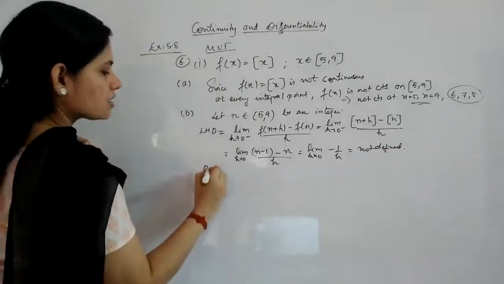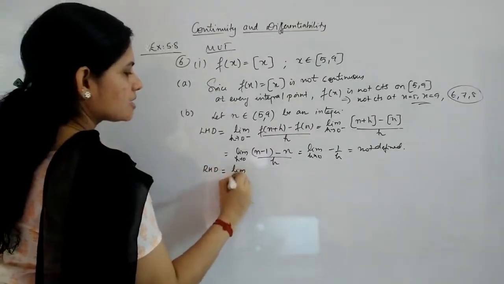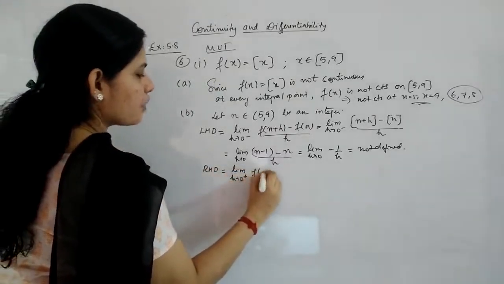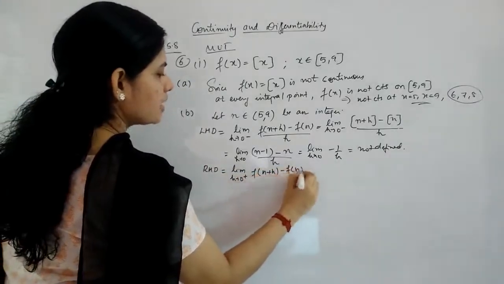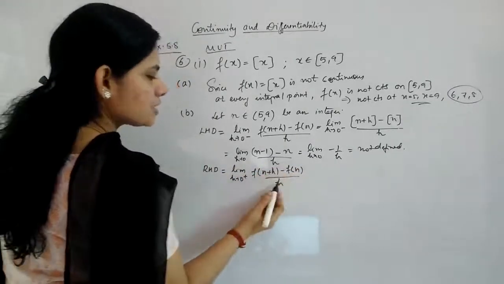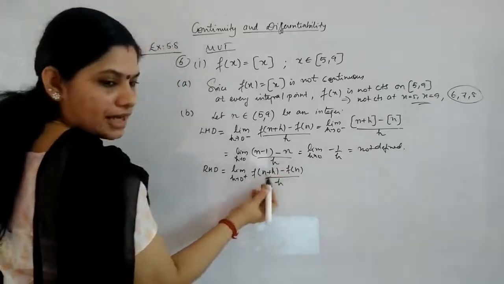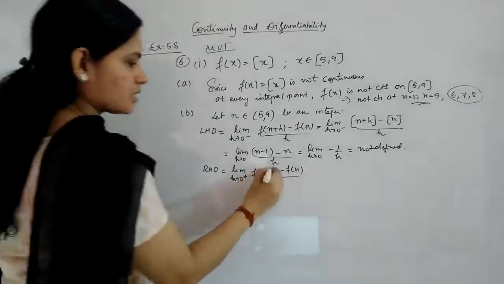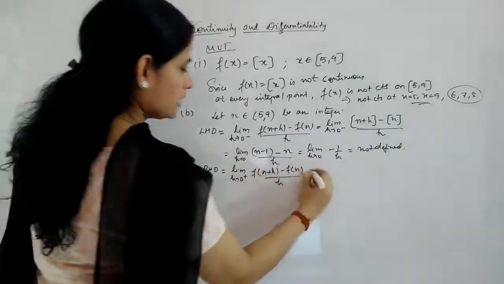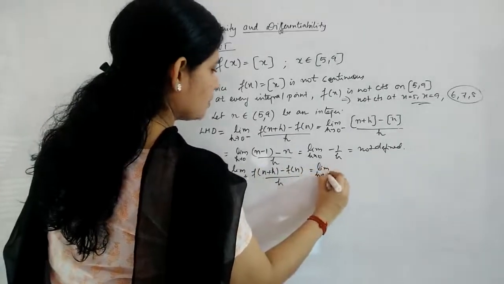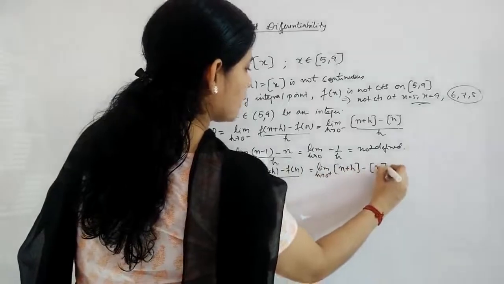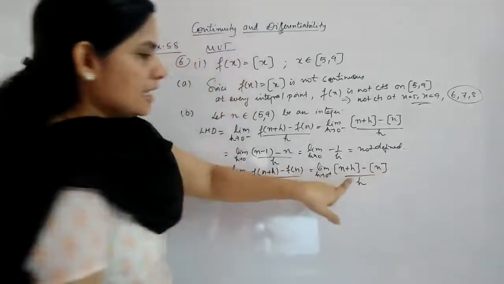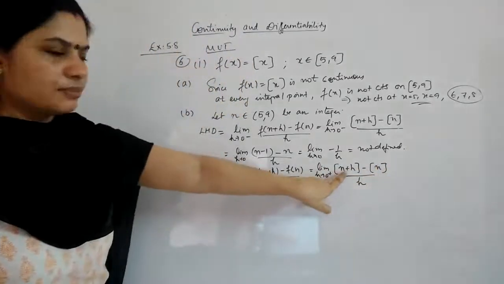Now for RHD, you have limit h tends to 0 plus of f of n plus h minus f of n divided by h. The definition is not changing, the only thing that changes is the values which we are substituting. Now substituting here, limit h tends to 0 plus of greatest integer of n plus h minus greatest integer of n divided by h, this will be n plus a positive value.